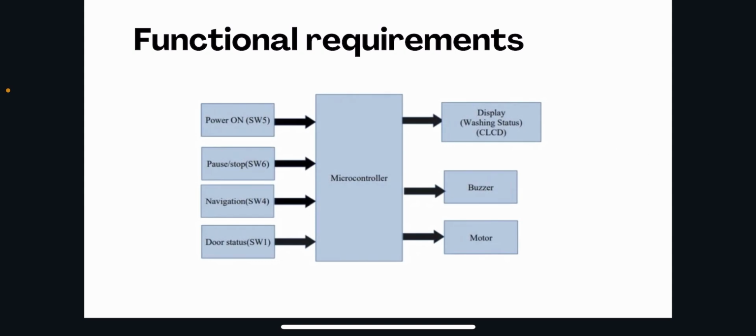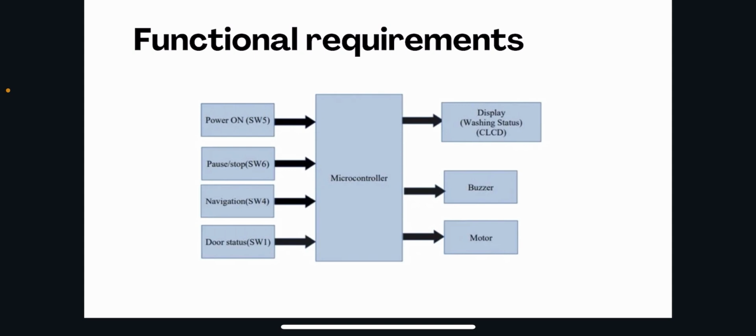These are some basic functional requirements of our internship project. First, we have the PIC microcontroller which we are using, and the power on. For power on on PicSim Lab, the virtual software, we press switch 5, and we press switch 6 for pausing or stopping.